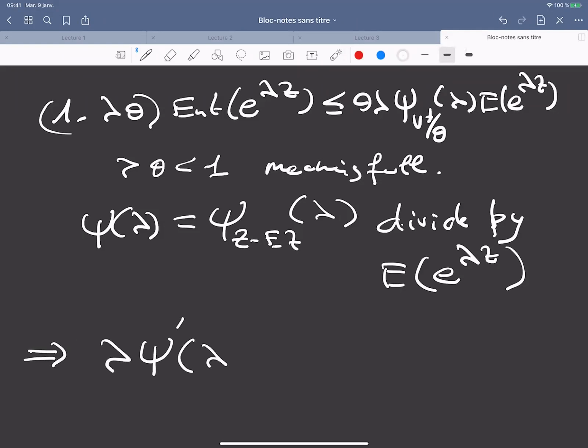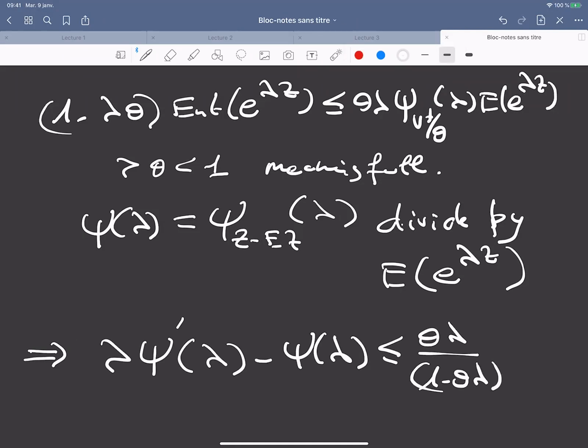So we do that, and we end up with a differential inequality which is merely lambda psi prime lambda minus psi lambda is less than theta lambda over 1 minus theta lambda psi v plus over theta at lambda.